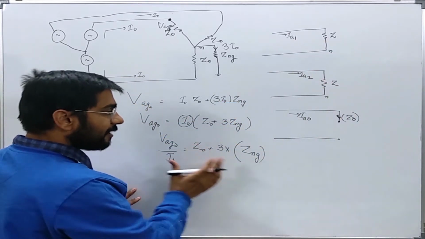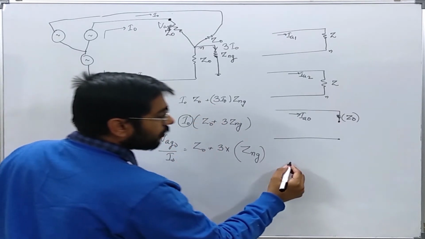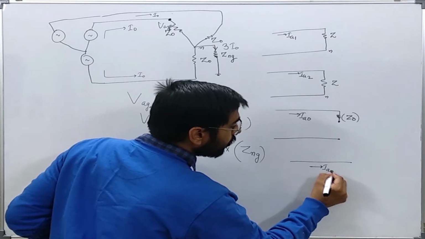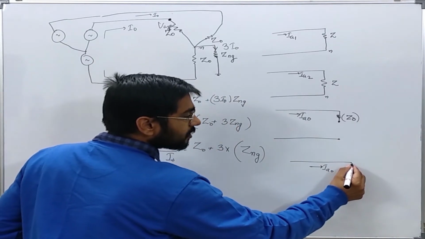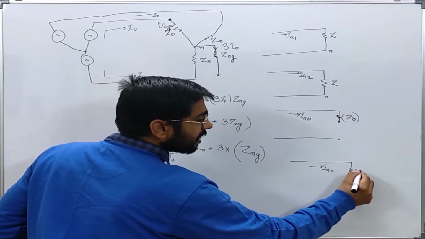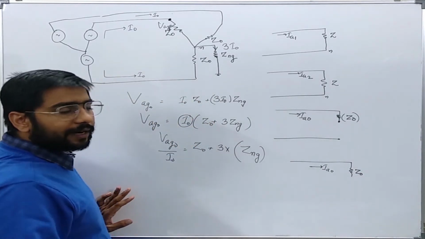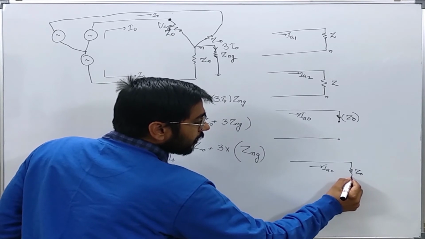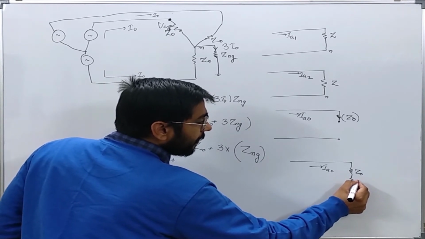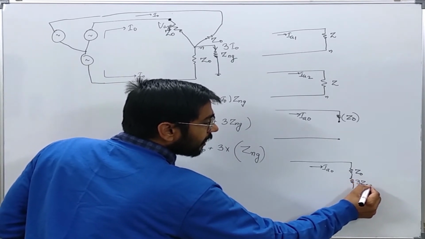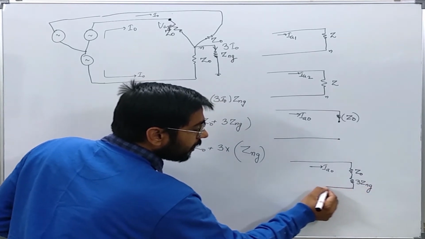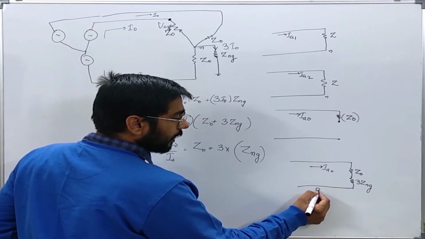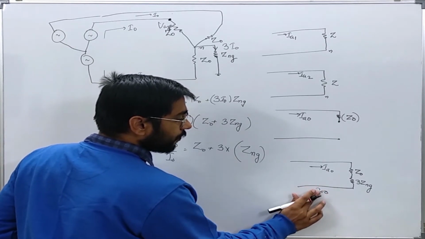However, for the zero sequence, what will happen? The zero sequence current will find an impedance equal to the zero sequence impedance of that equipment, like the transmission line, the transformer or the generator, plus 3 times the impedance connected between the neutral and the ground, and this will be the reference bus with impedance 0.